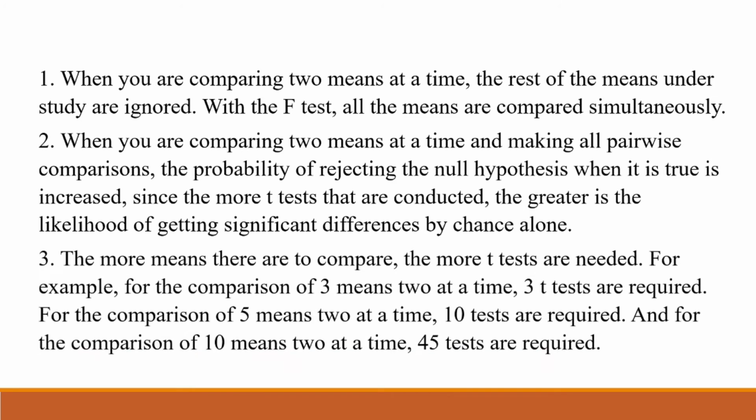The more means there are to compare, the more t-tests are needed. For example, for the comparison of 3 means 2 at a time, 3 t-tests are required. For 5 means, 10 tests are required. And for 10 means, 45 tests are required.